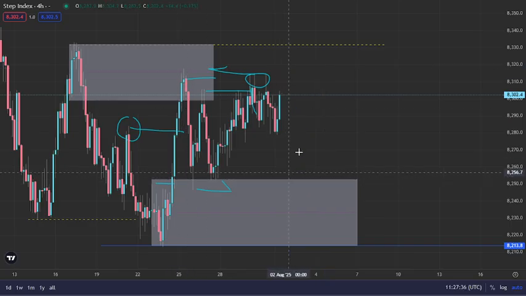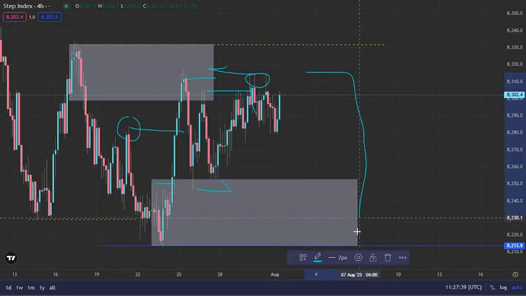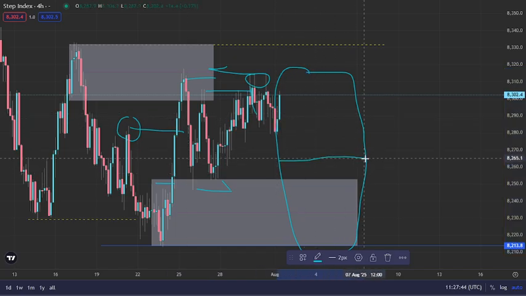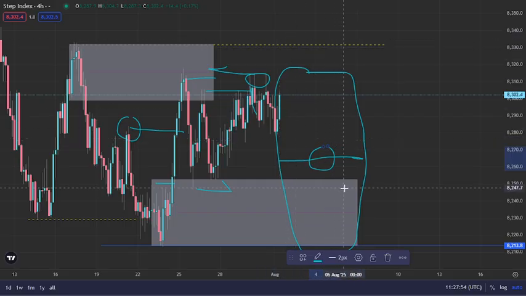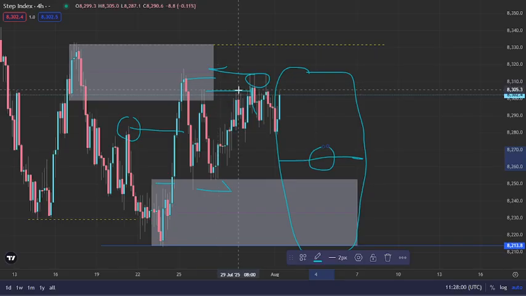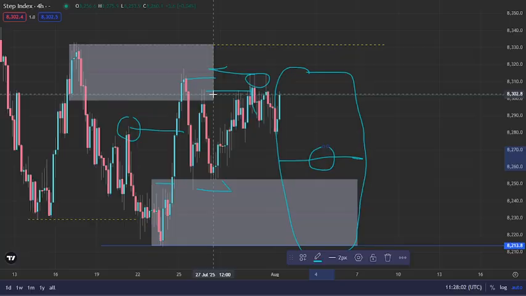We expect price to pull back to EQ, so at least 50% of the range. But how do we know? How are we anticipating it? We can use supply and demand, we can use a whole lot of things. But from the market structure perspective, we can wait for structural breaks.